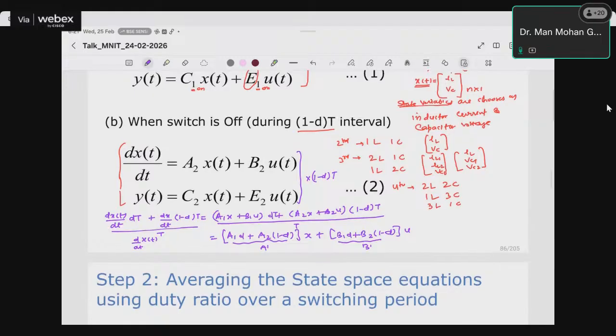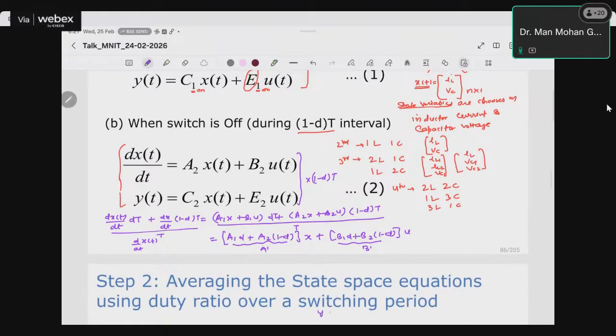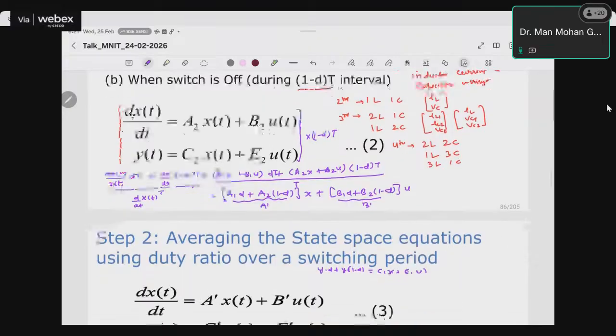So y into d plus y into (1 minus d) equals (C1 x plus E1 u) into d plus (C2 x plus E2 u) into (1 minus d).